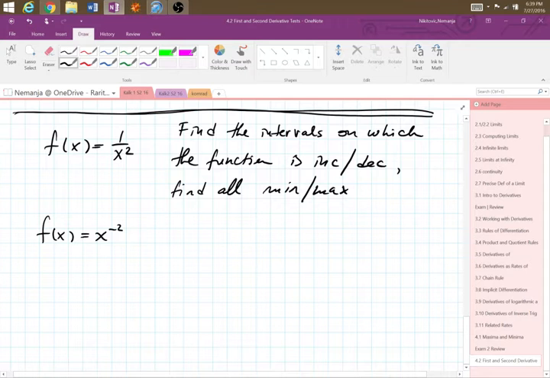We immediately find the derivative, which is negative 2x to the negative 3. And we set that equal to 0. So I have negative 2 over x cubed is equal to 0. No solution.